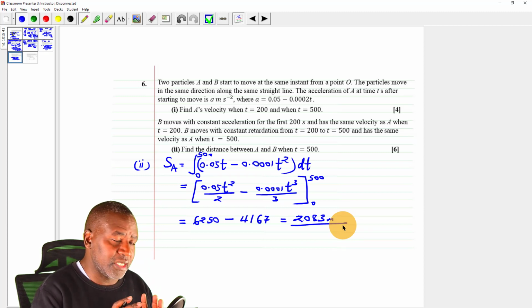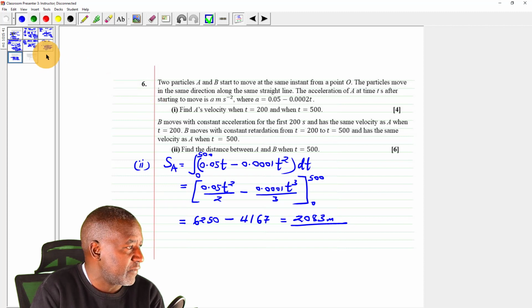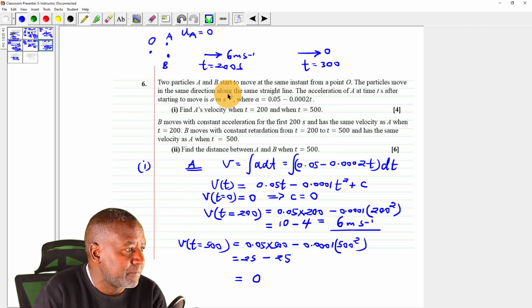So I need to get the displacement of particle B. Now, how is particle B traveling? Let's go back to the previous slide. Over here, we have been told that for the first 200 seconds, it's moving with constant acceleration.